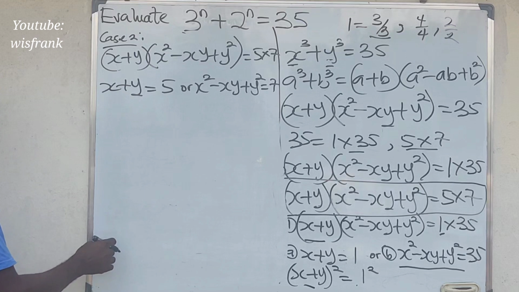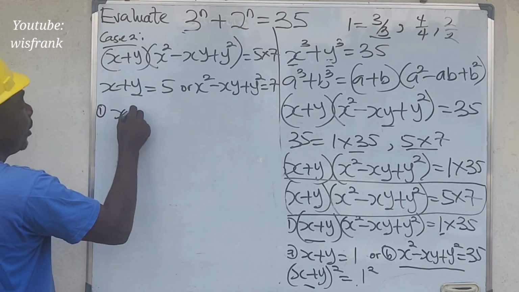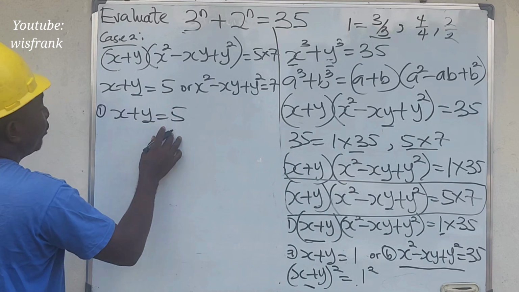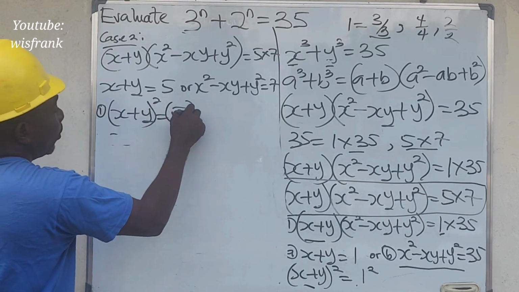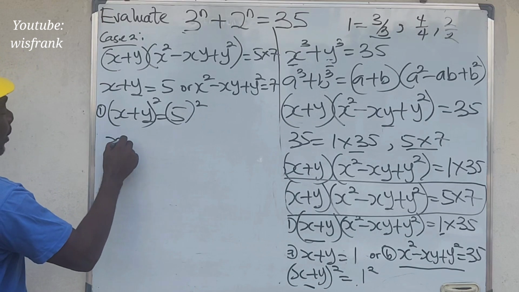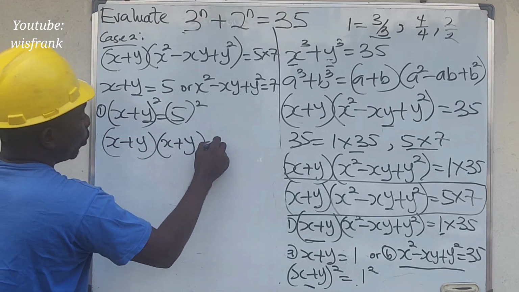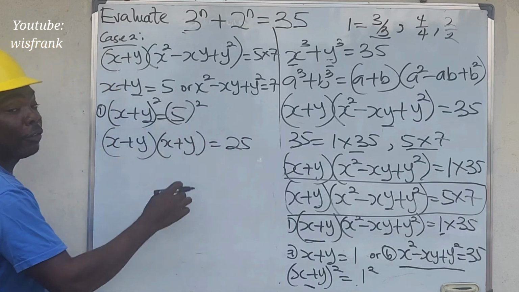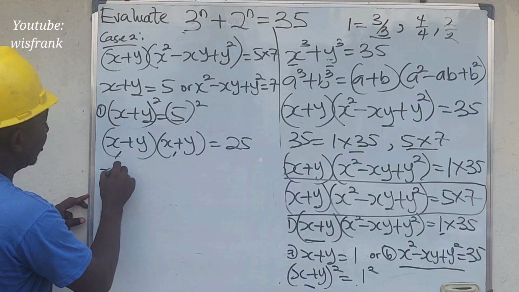So we take this one first. We need to square both sides. For the first one, we have x plus y equals 5. When we square both sides, we have x plus y into x plus y equals 25, because 5 to the power of 2 is 25. So x times x, we have x to the power of 2.